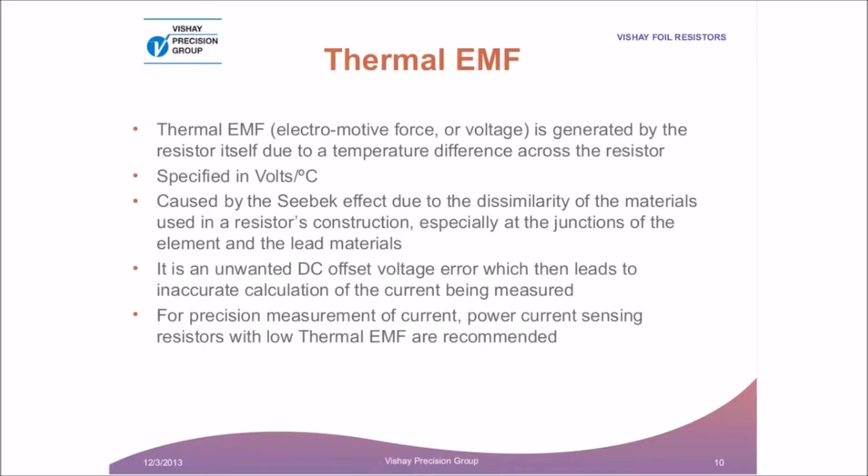So we would have a current reading which would not necessarily reflect the actual current. Therefore, for precision current measurement, it's advisable to choose current sensing resistors with a very low thermal EMF.